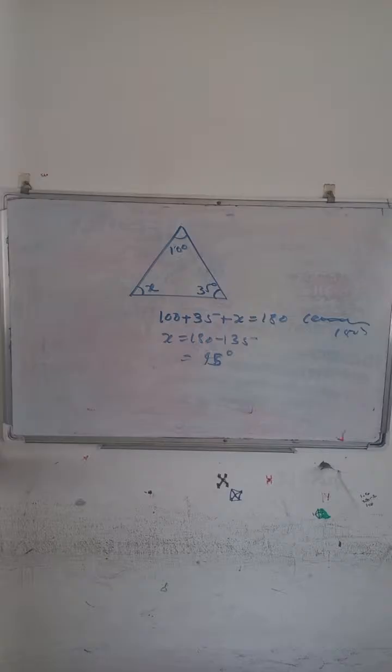Find the smallest angle. Okay, I will repeat. The angles of a triangle are in the ratio of 3:4:5. Find the smallest angle.